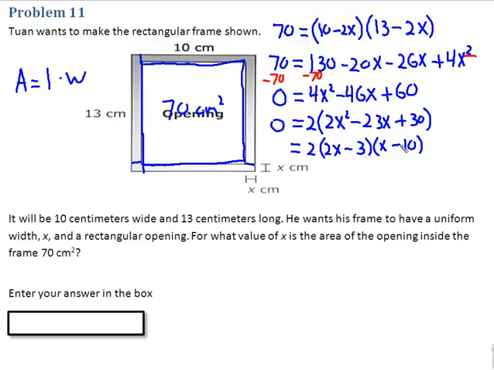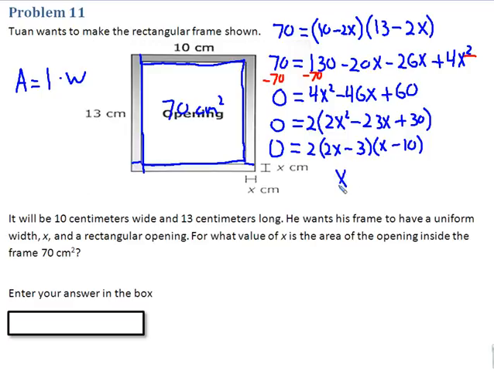Because negative 3 times negative 10 is positive 30. And when I go 2 times negative 10, that gives me a negative 20. Negative 3 times x will give me a negative 3x. Negative 20x minus 3x will give me this negative 23x. So we have things factored.